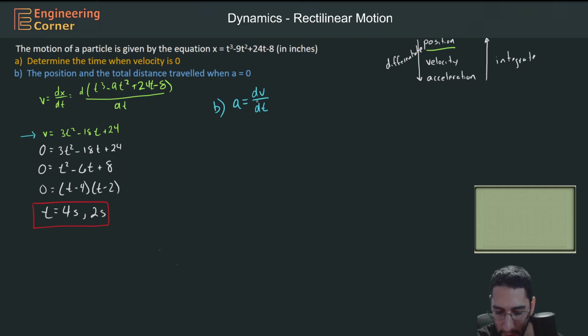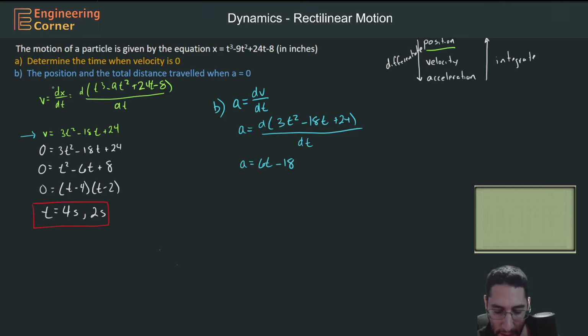So we'll just differentiate that. So acceleration is d of 3t squared minus 18t plus 24, and by doing that derivative, we get that my acceleration is equal to 6t minus 18.